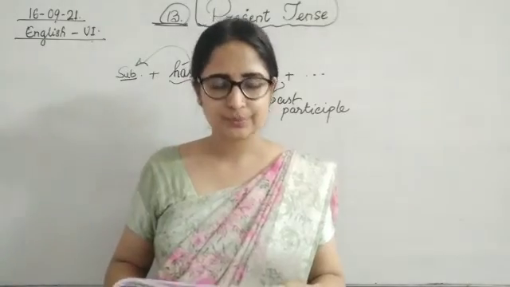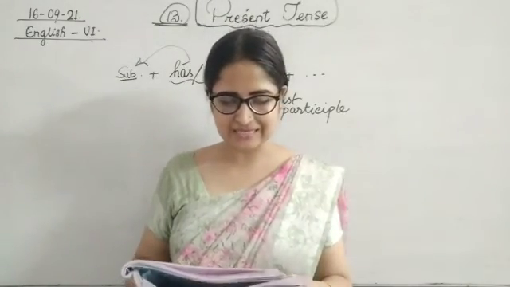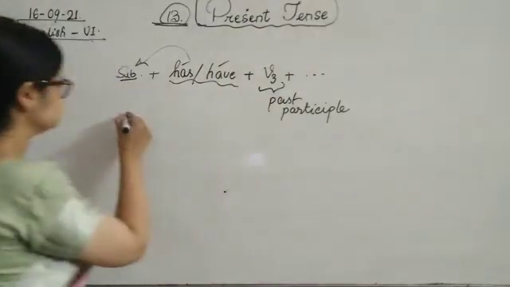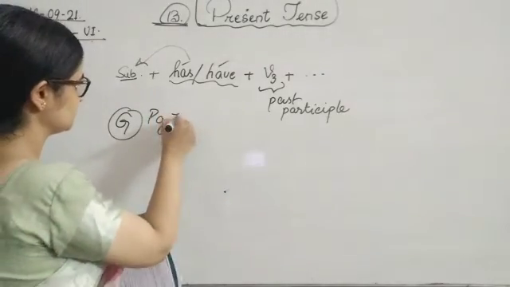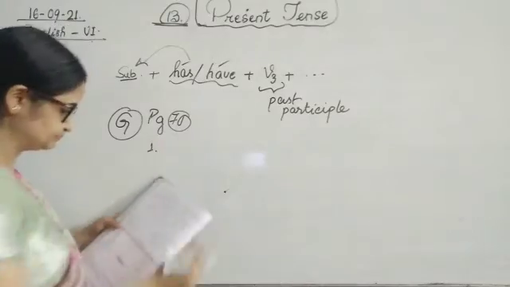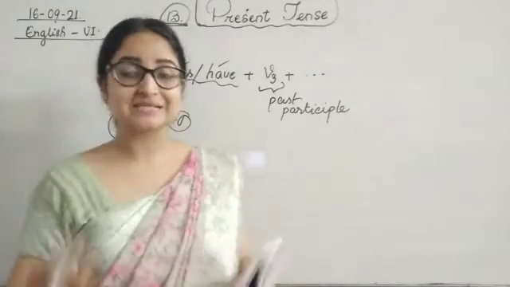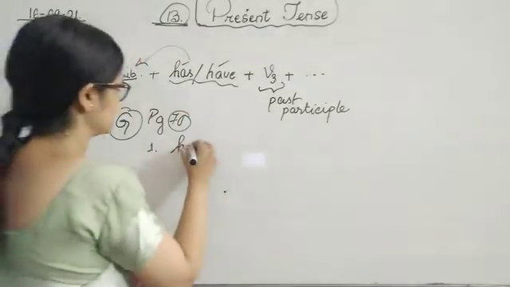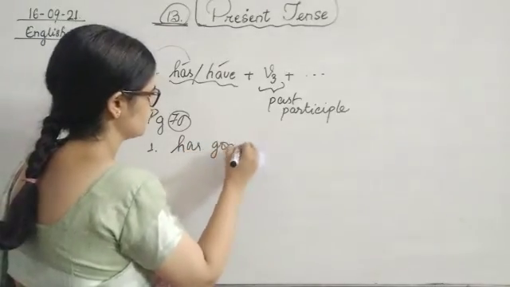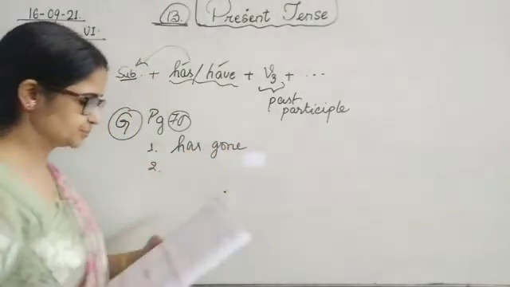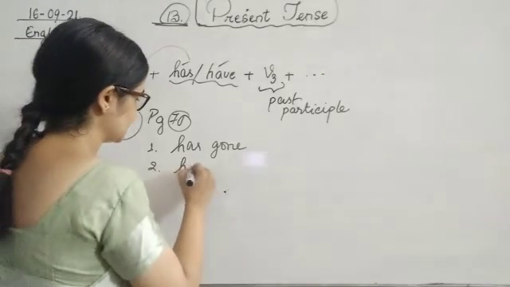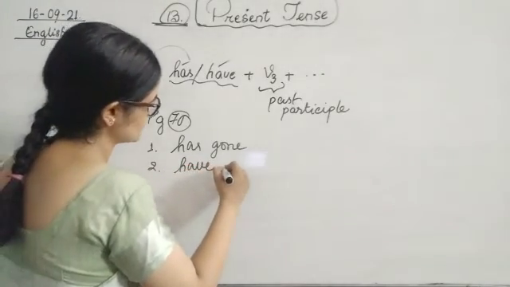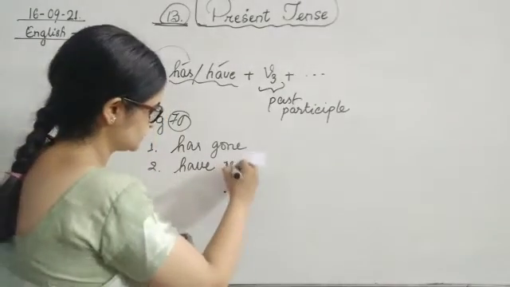Now we can just finish this exercise. Exercise G. It's on page number 70. Number 1. The petrol prices have gone up. Number 2. The players, because the players is plural, so have performed.